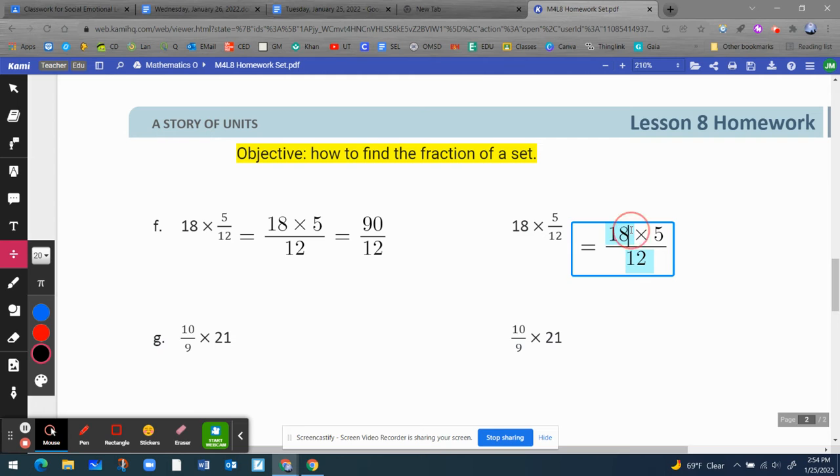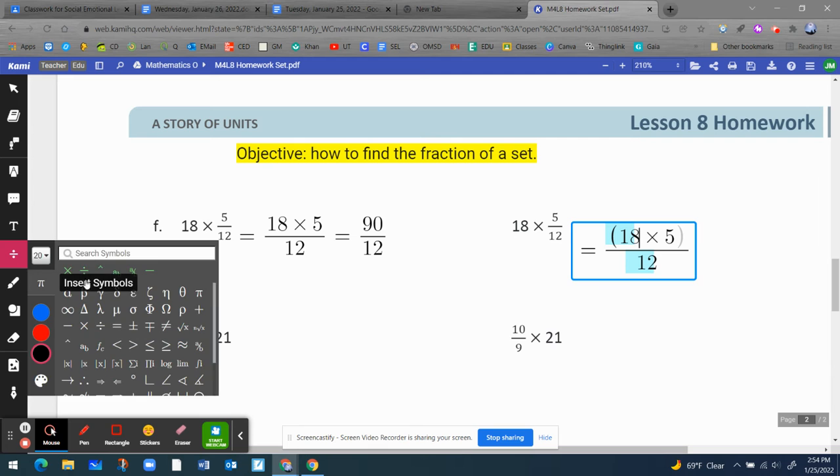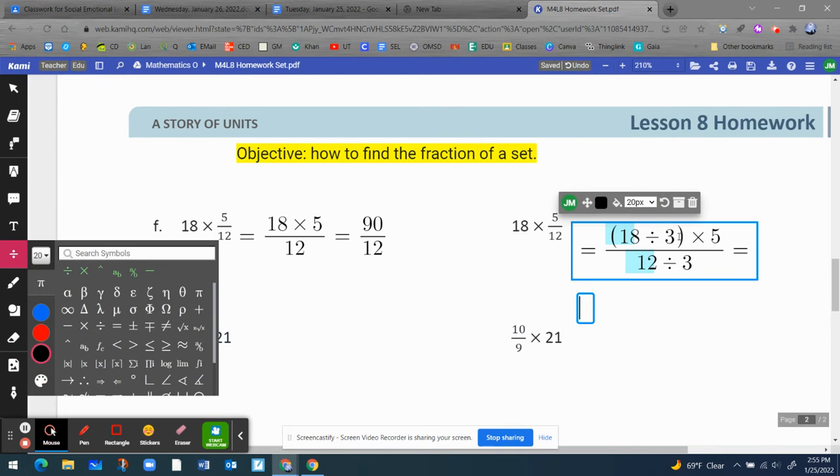We're going to open parentheses here so you can see clearly where this is happening. We decided that 18 can be divided by 3 and 12 can also be divided by 3. Once that is done, we continue on the bottom and ask, what is 18 divided by 3?